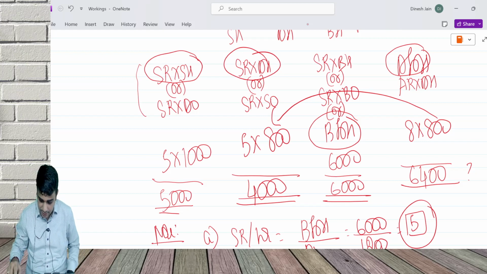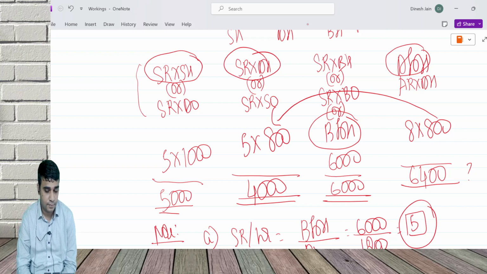8 into 800 and you get 5 into 800. Last column is 8 into 800.